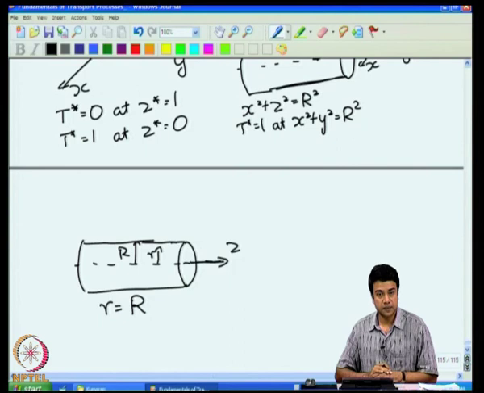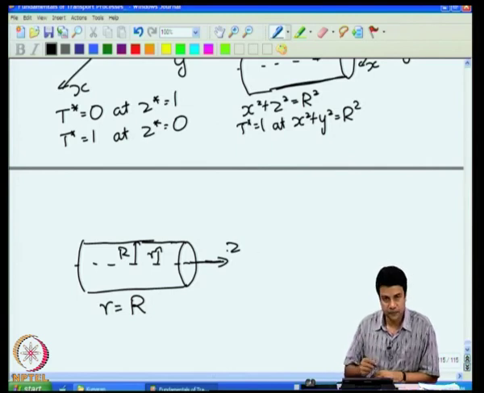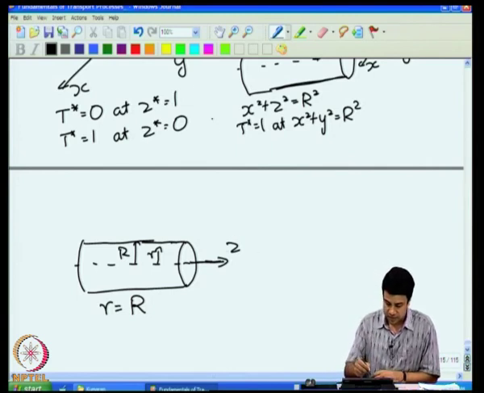Of course, in 3-dimensional space, I need one more coordinate. In the cylindrical coordinate system, that is the coordinate that goes around the axis. It is an angle. So, if I take a side view of this pipe, what I will see is a circle like this.